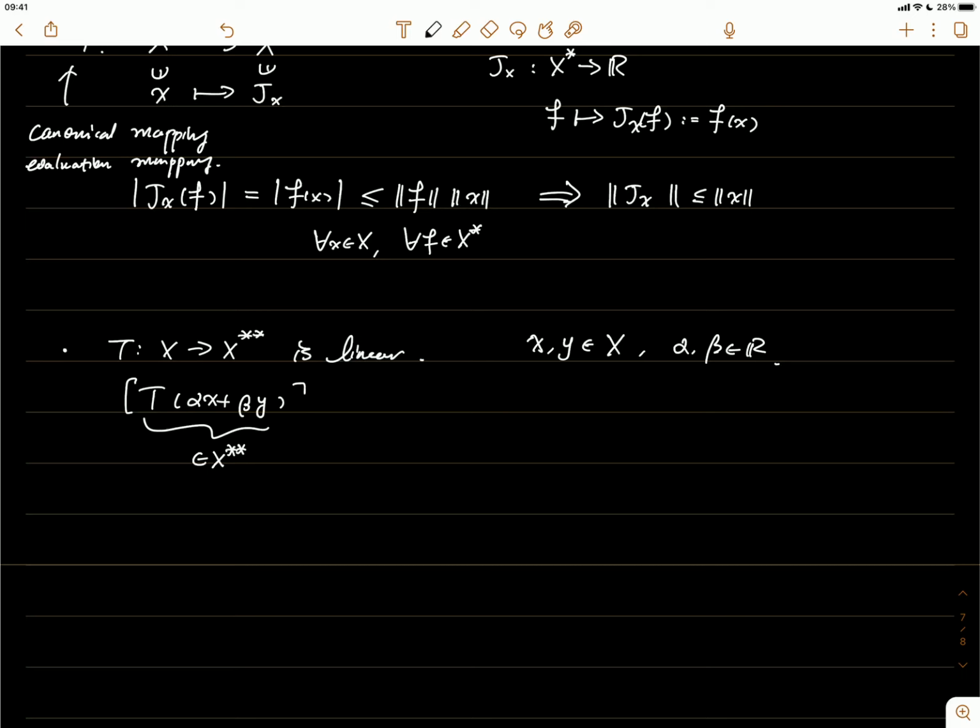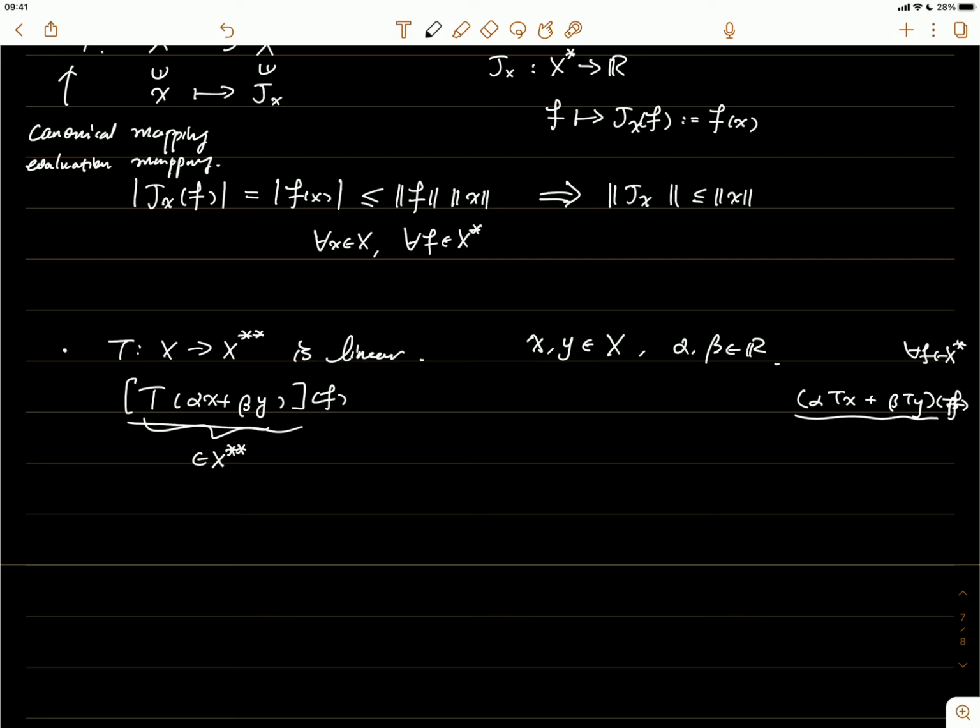So I need to check this on f. If this is true for any f in X star, then we show that this operator and this operator right here are equal. That's our goal, so just keep it there.